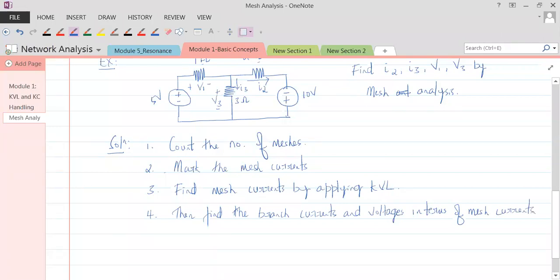So everybody should understand it. So these are the 4 points that everyone should understand.